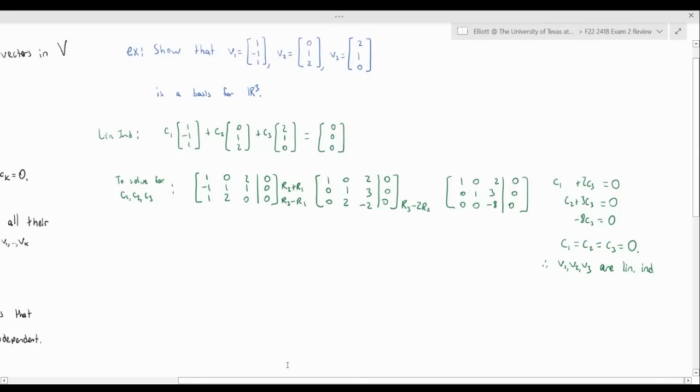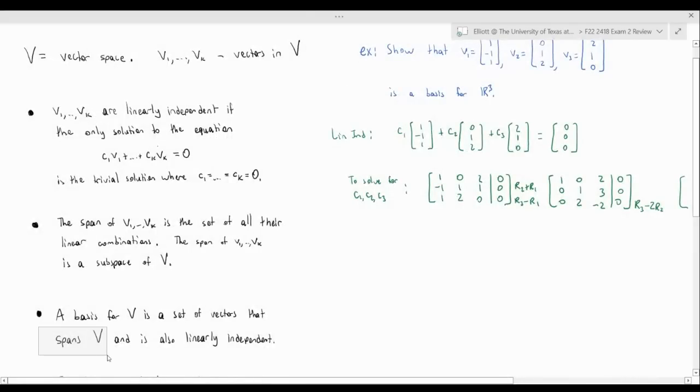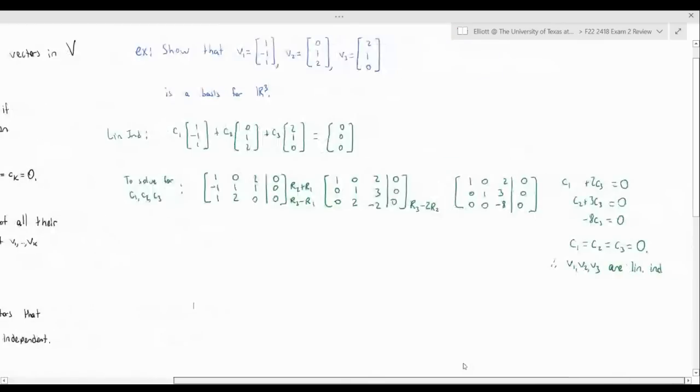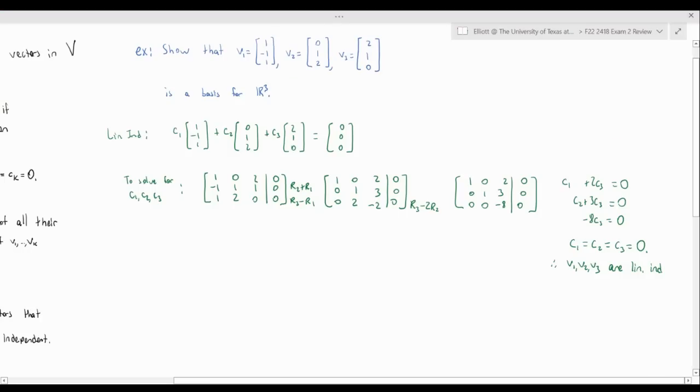Now, to check that we have a basis, a basis also needs to span the whole space, okay? But rather than checking that they span, there is another argument that you can often make in this type of question, which depends on knowing the dimension of your space, okay? So we know that R3 is a 3-dimensional space.